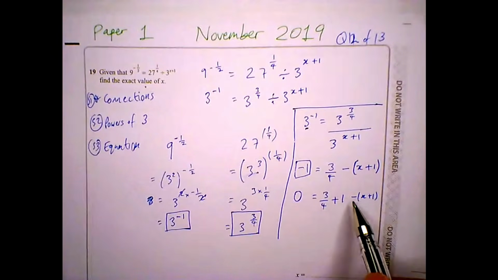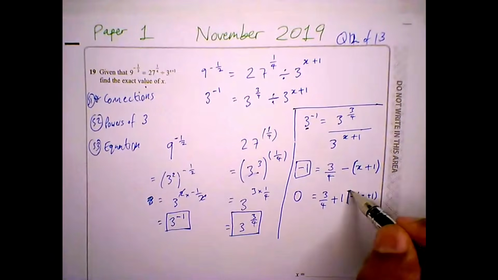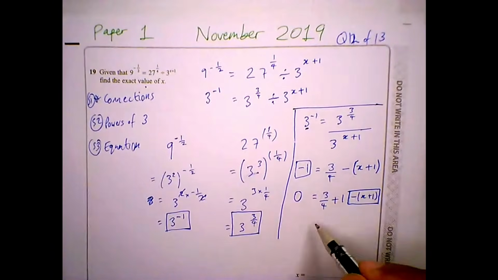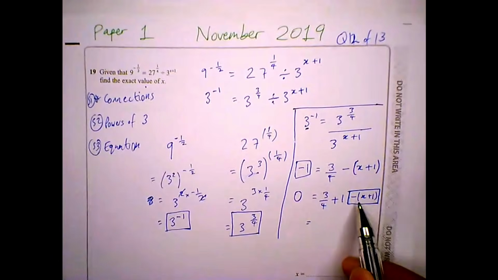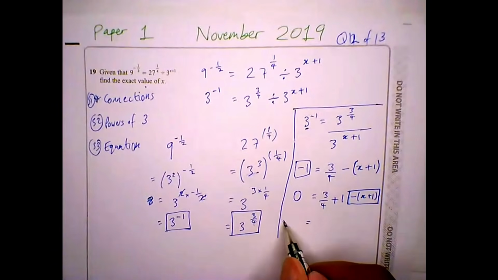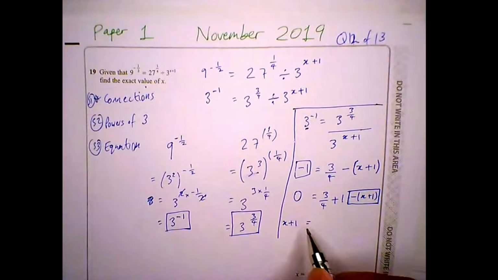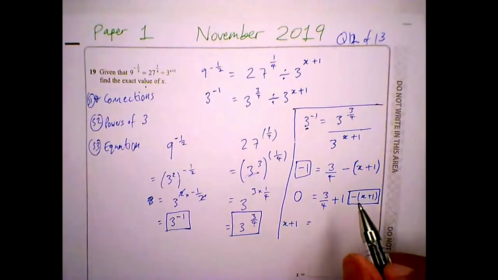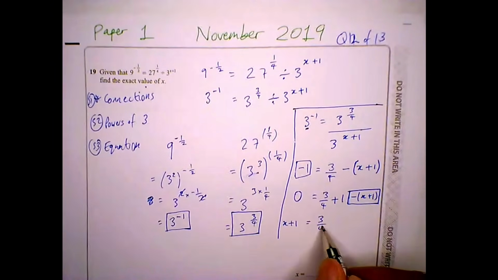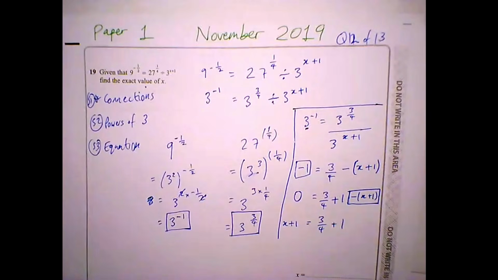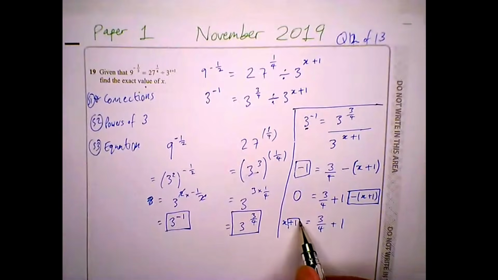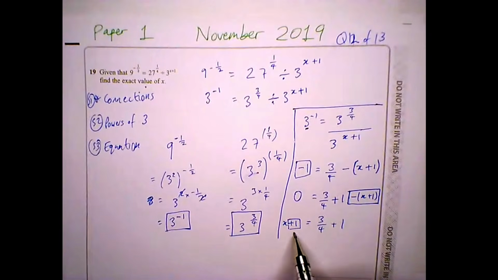And now I'm going to take all of this part here to the other side. So opposite of minus is plus, so it's going to become x plus 1 all equals 3 over 4 plus 1. And now I can just remove this plus 1 as well. So minus 1 on both sides. So x equals 3 over 4 plus 1 plus 1.